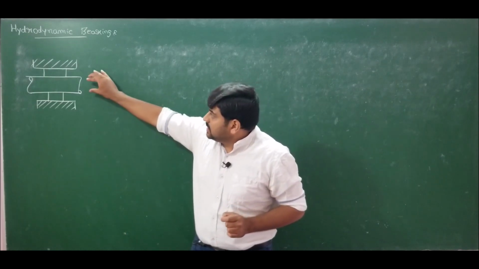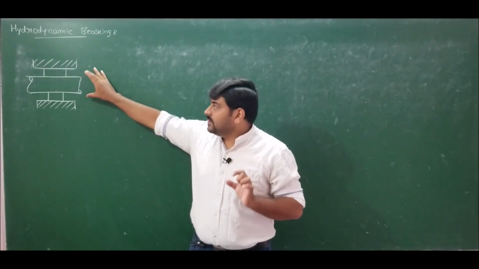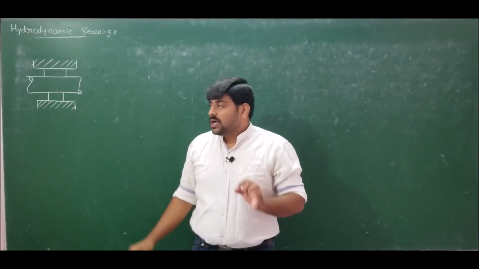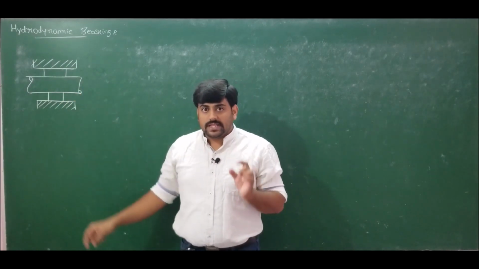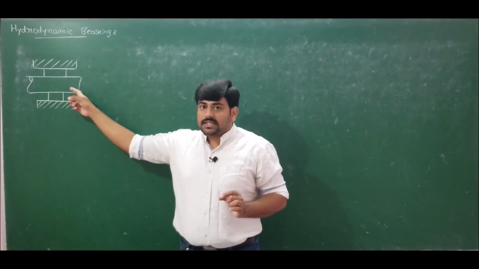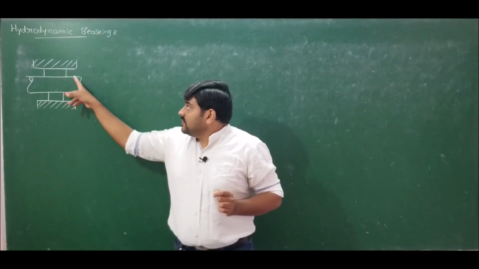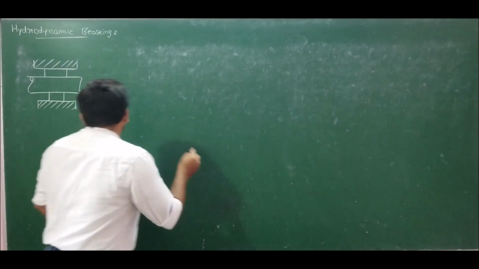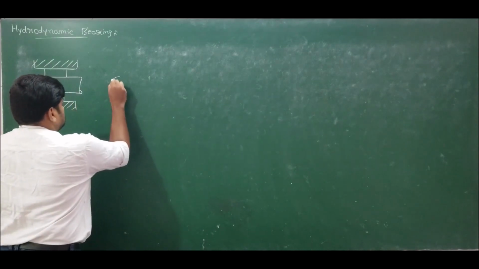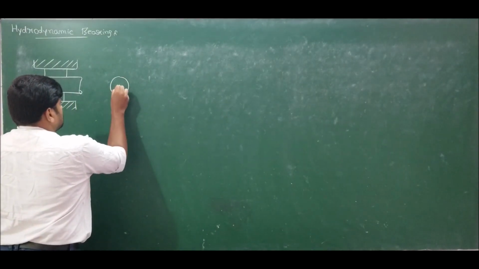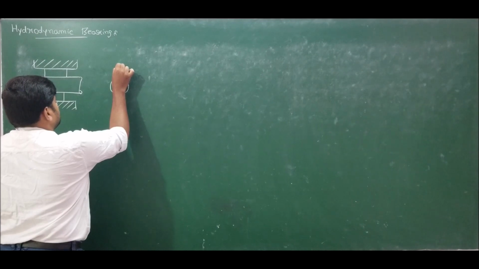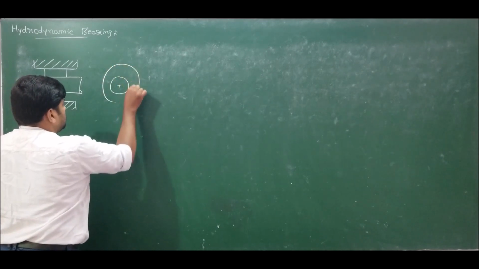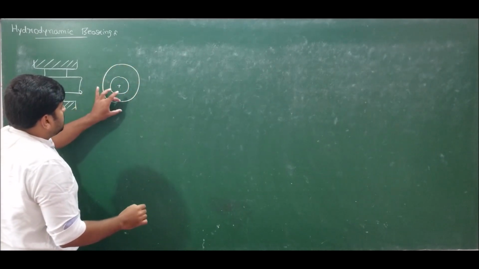That is, the shaft runs concentrically with the bearing if and only if the load acting on the shaft is very small and the speed of the journal is very high and the viscosity of the lubricant is also very high. That is, the journal rotates concentrically.